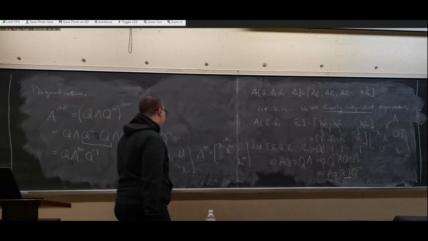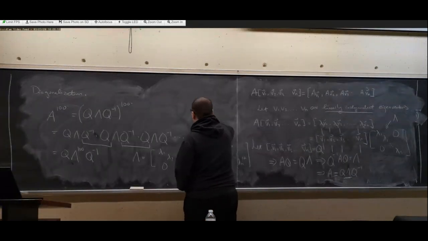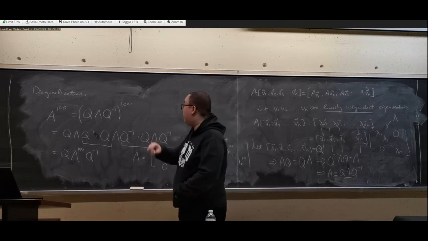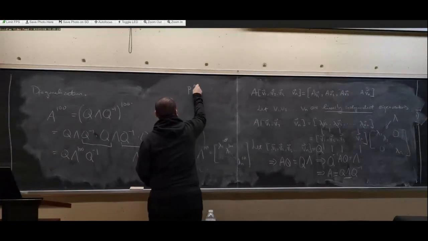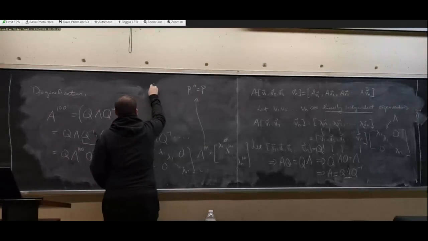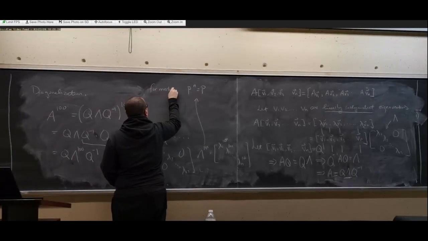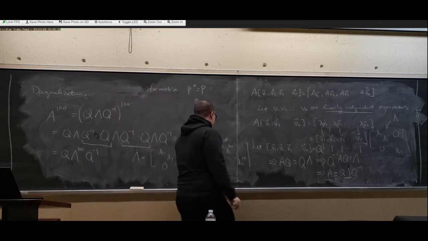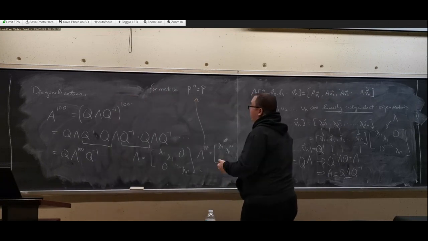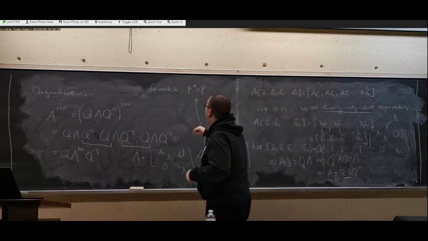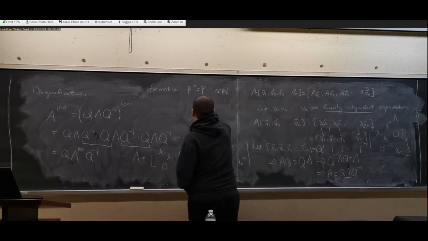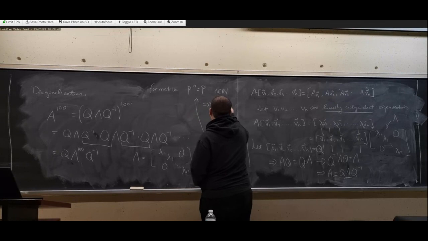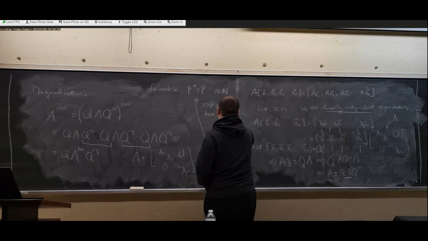And from this, what we can also conclude is that for any matrix P where P to the power of n equals P, with n any natural number, that implies P can only have eigenvalue 1, or 0.